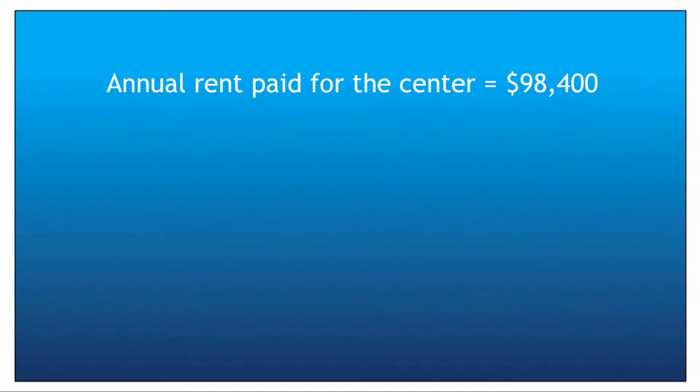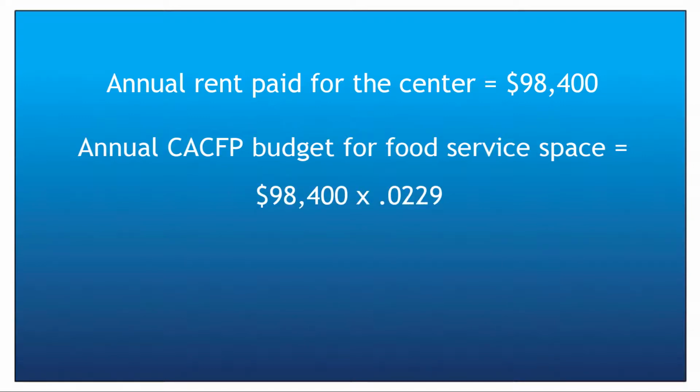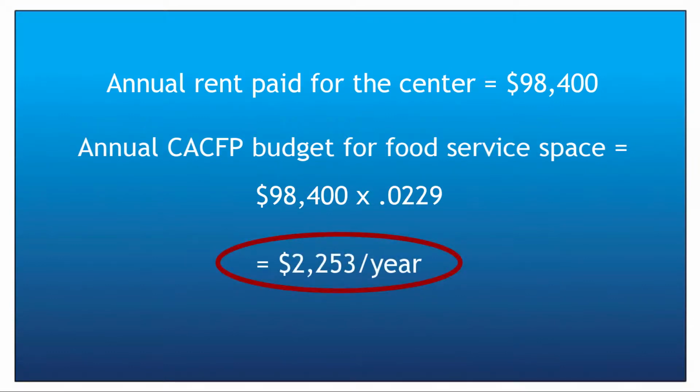Annual rent paid for the center is $98,400. To calculate the amount that can be included in the annual CACFP budget for food service space, multiply 98,400 by 0.0229. This equals $2,253 per year. Divide 2,253 by 12 months.